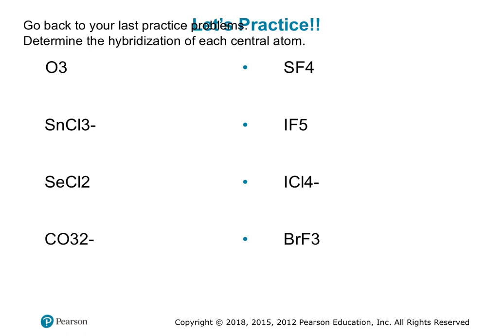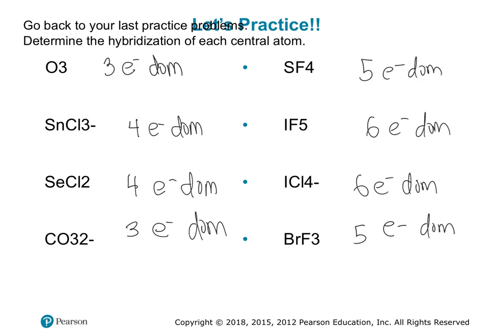So in order to practice, we're going to just look at our electron domains for all of our examples and figure out what they are. So I've gone through and went back to all of the practice problems and figured out how many electron domains. So with the 3 electron domains, we had trigonal planar, so we're going to have s providing 1 orbital and 2 p's.